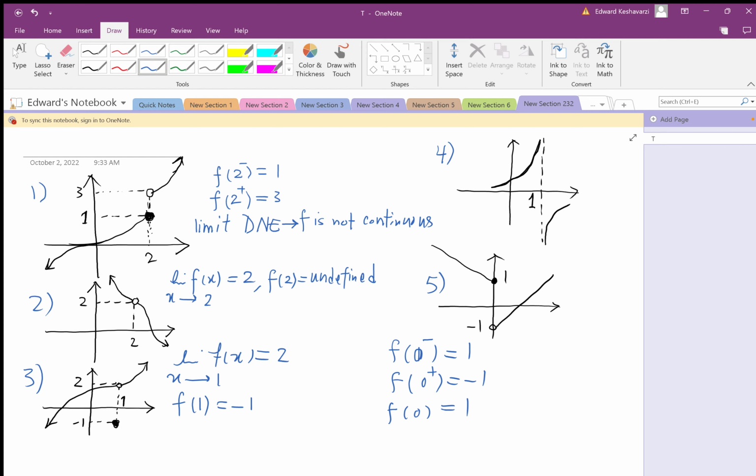So if we summarize all these cases, we can conclude that when limit does not exist, function is discontinuous. But in some cases, like 2 and 3, function has limit at a point, but the problem is the y value at the point. So if limit does exist, the y value must equal the limit in order to have a continuous function.